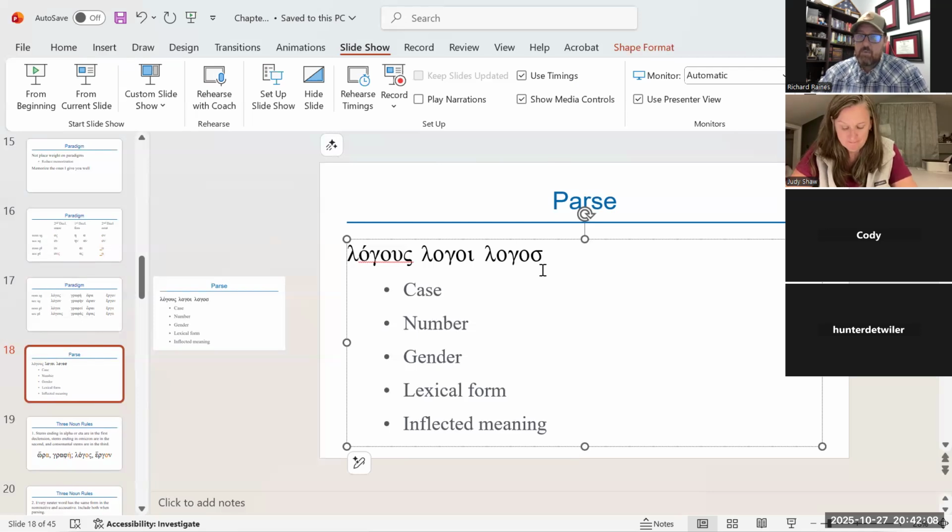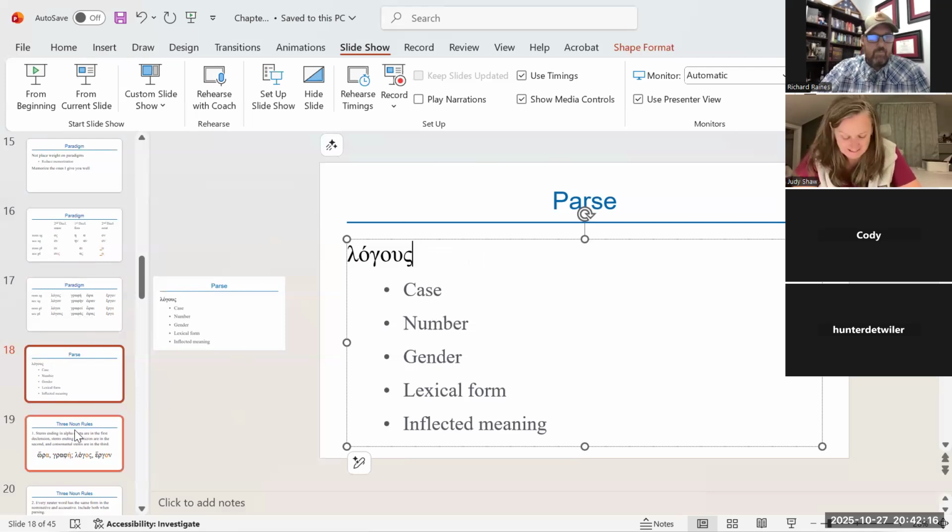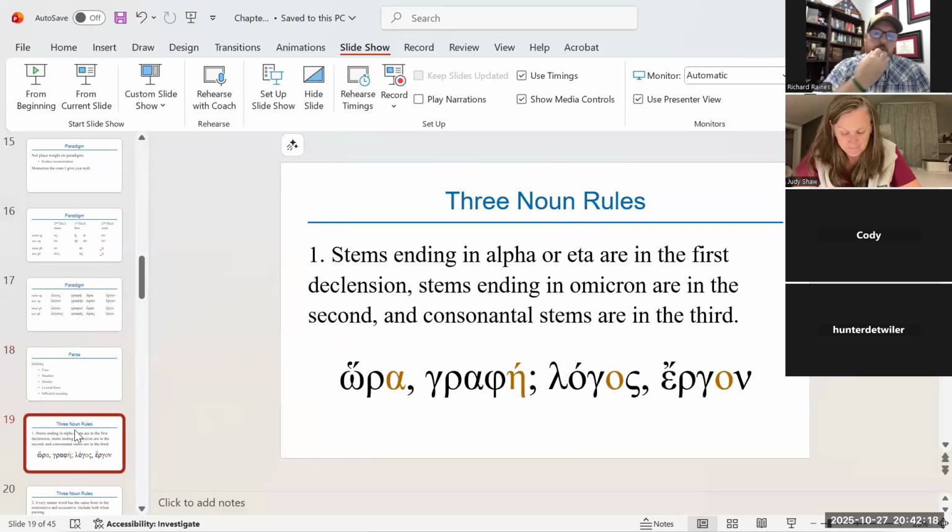And the inflected meaning is word. Trust me, you'll get this. So there are some rules that you're just going to have to remember: that if a stem ends in an alpha or an eta.